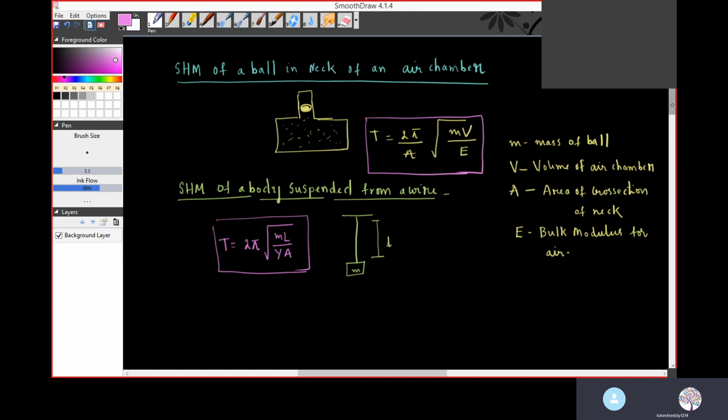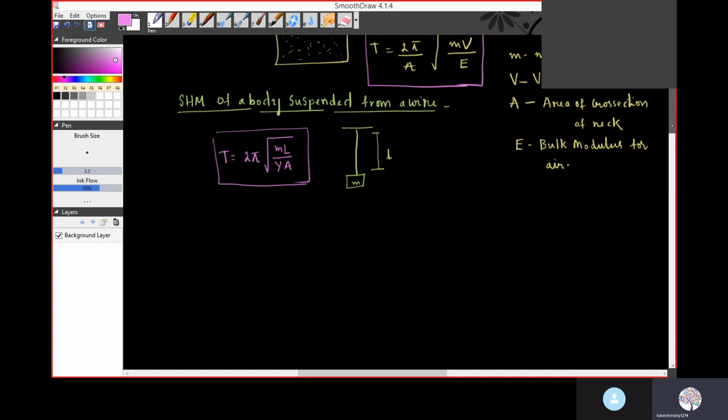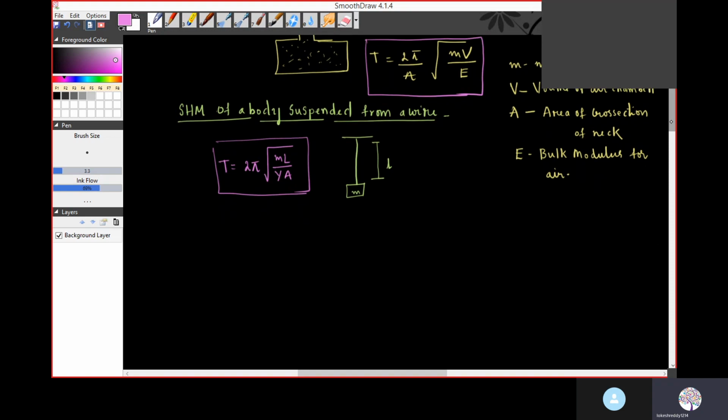Now the next one is SHM of a piston in a cylinder.